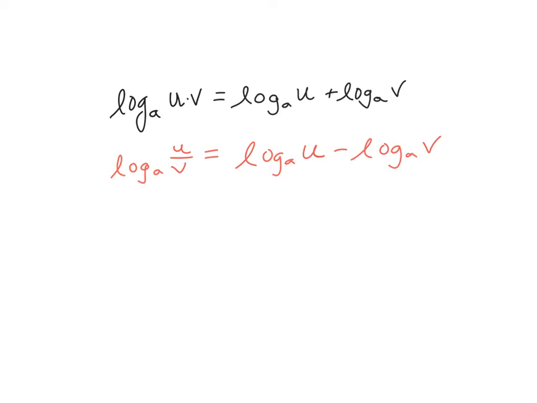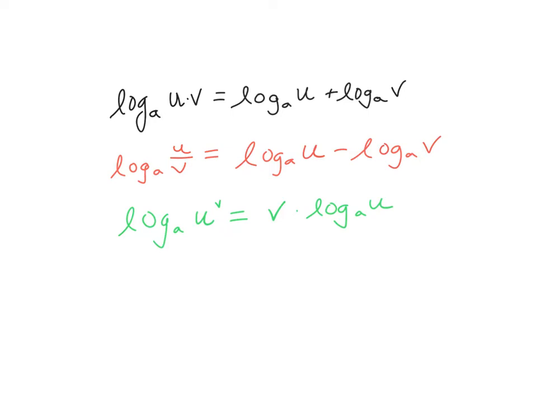And then we also have our power property. That is when we have something to a power, and to expand that, we can take that power and bring it down in front, just like that. So we have the product property, quotient property, power property.